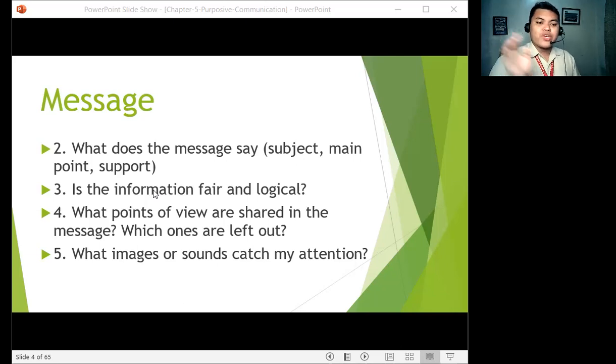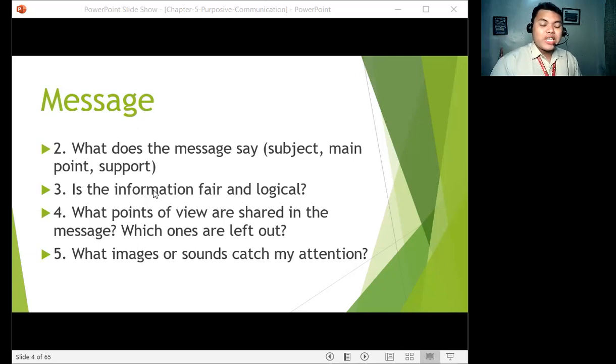Because somehow there are news or articles that are one-sided, that somehow you are being persuaded. So as a reader, as an audience, we need to be familiar with the information that we are reading, if it's fair enough or it was being presented logically.